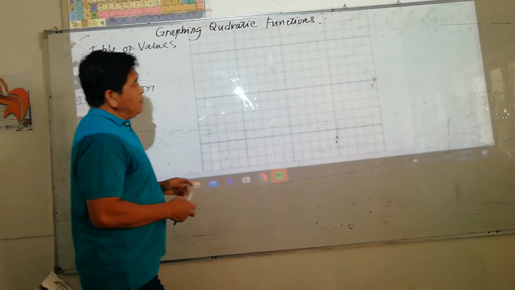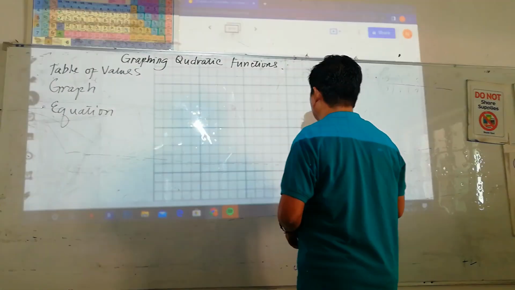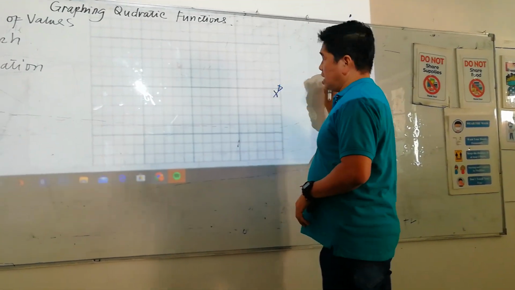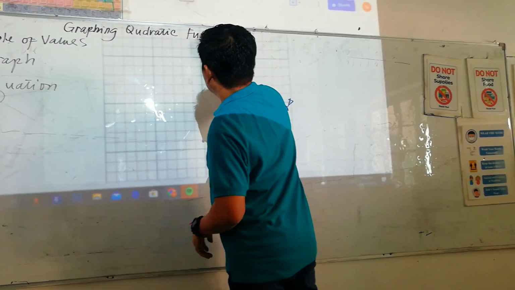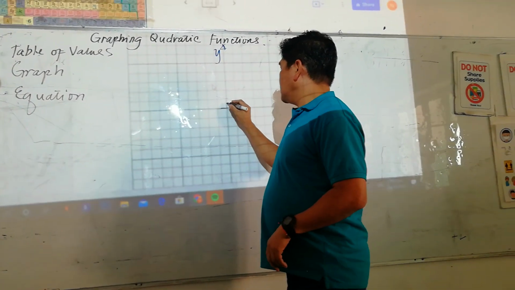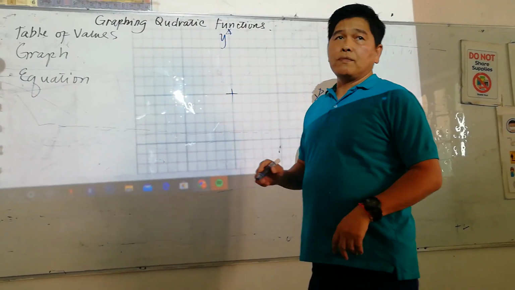Now, if I will graph the quadratic function, this is our x-axis, while this is your y-axis. This is our point of origin at (0, 0).